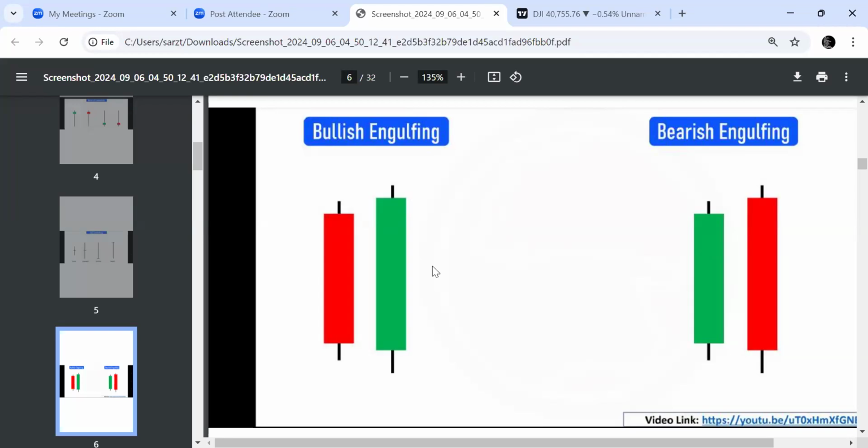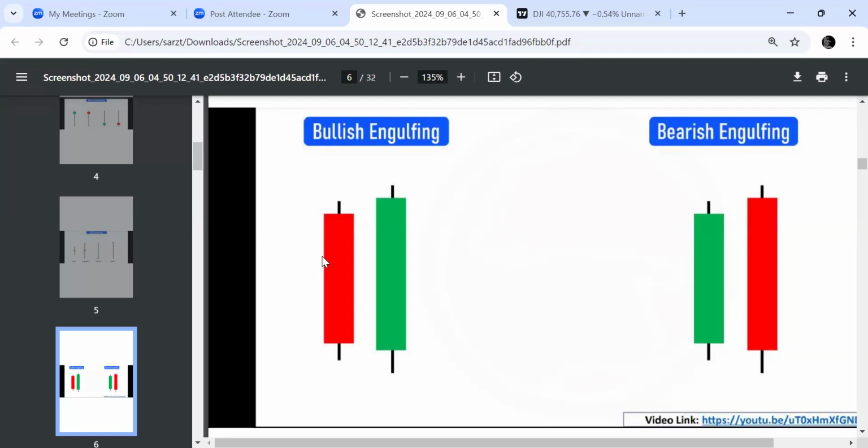If the pattern also appears at a support level, that adds further confirmation. When the market is falling, it's natural to see red candles as they represent the dominance of sellers. In a bullish engulfing pattern, the first candle is typically red, which is expected as the price is declining. There is no surprise here.